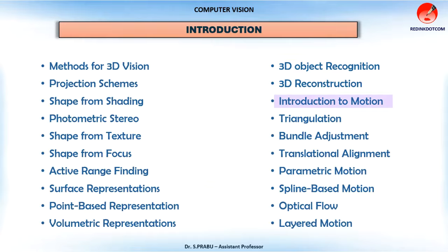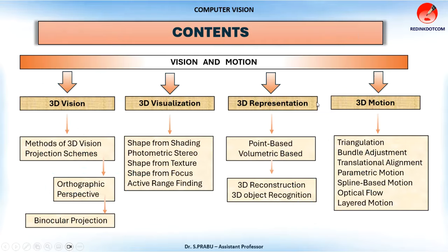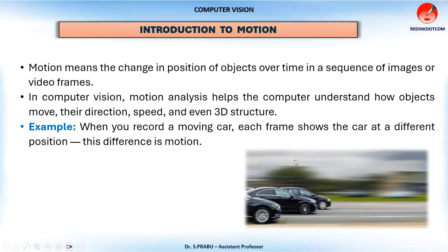The next concept is introduction to motion. So far this part discussed static images. Now we are moving to analyzing the moving part of 3D objects. Motion means that over time sequences we get different frames. We should analyze moving objects because it helps us understand how the objects move, their direction, how much speed, and some more information.